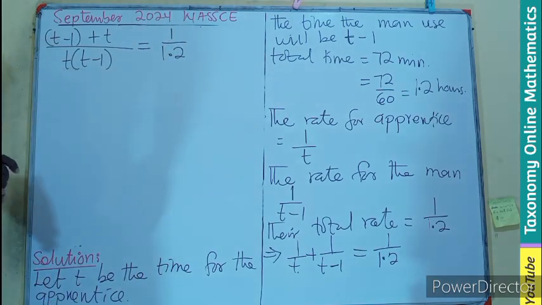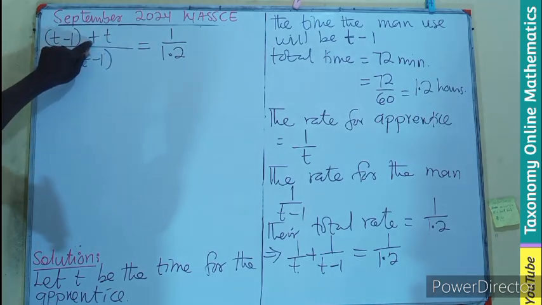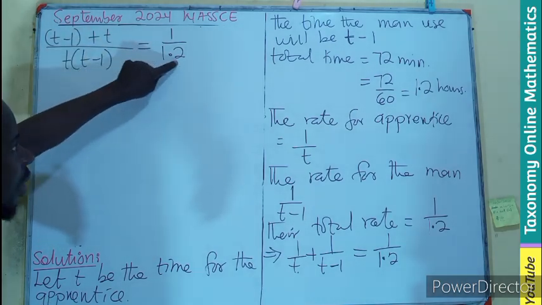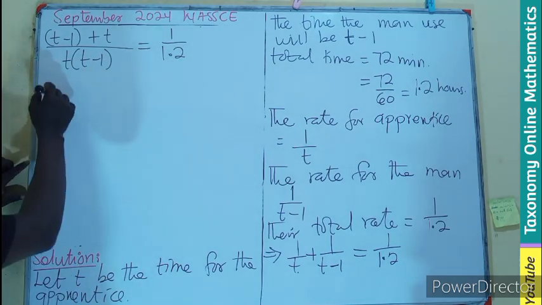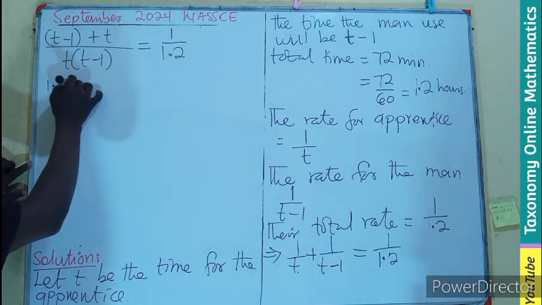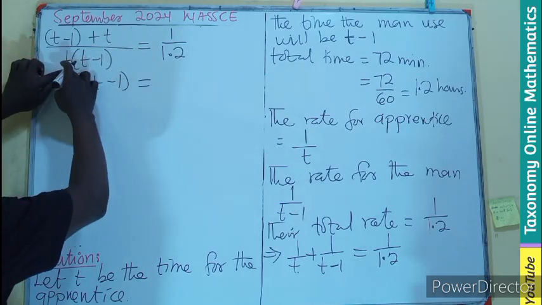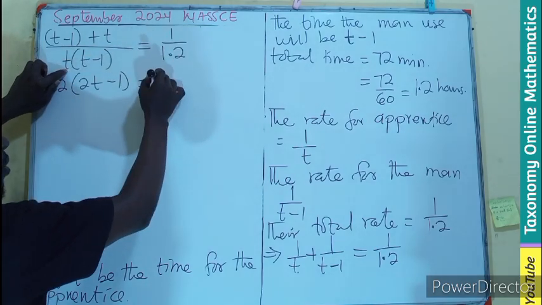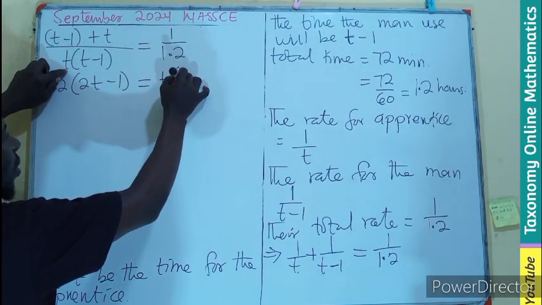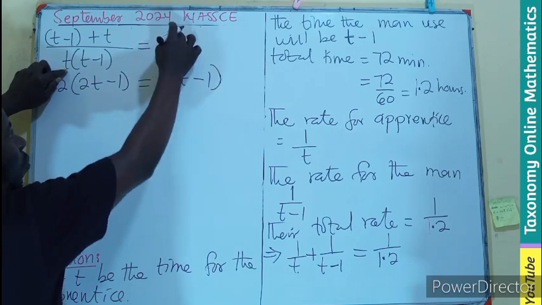This becomes a single fraction, no multiplication, so t plus t will be 2t minus 1. Multiplying by cross multiplication, that will be 1.2 times 2t minus 1, which will also multiply here to give you t minus 1 times 1.